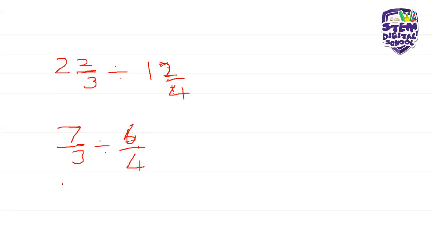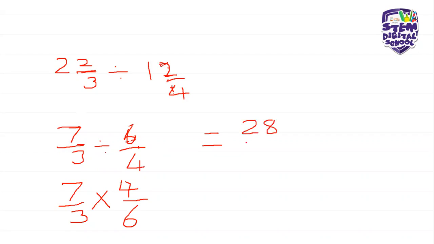I get what? 7 over 3 multiplied by 4 over 6. We change this sign. Since we change this sign, the denominator becomes a numerator, the numerator becomes a denominator. Then my next step says, numerator multiplied by numerator, denominator multiplied by denominator. 7 times 4 is what? 28. 28 all over 18.